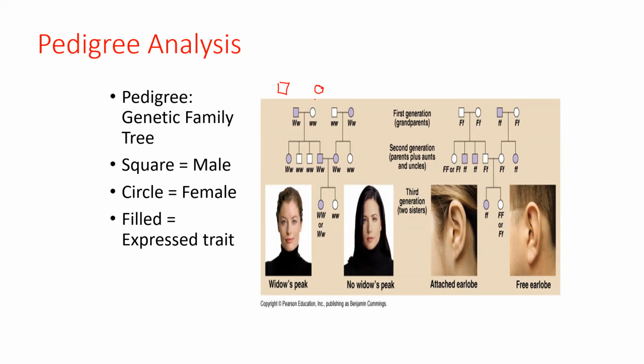You only see squares and circles, because what we have in this world are males and females, right? Now, if we have a male that has the disease or the condition you're examining, we normally take the square and we color it one solid color, okay?